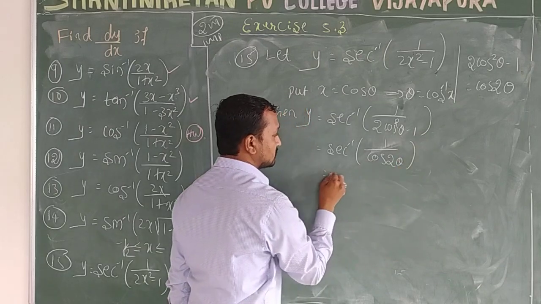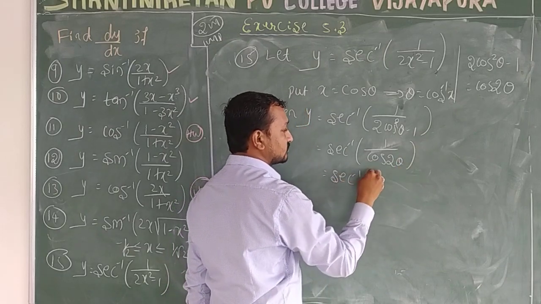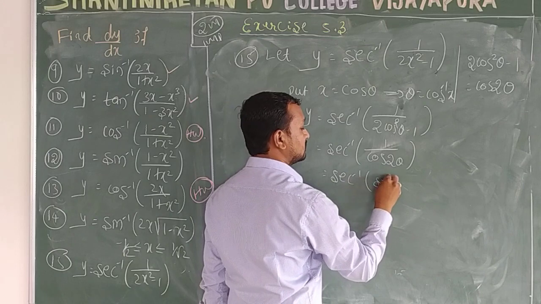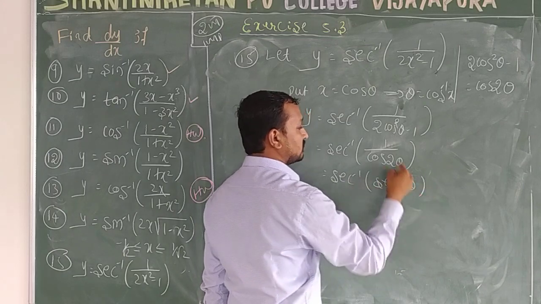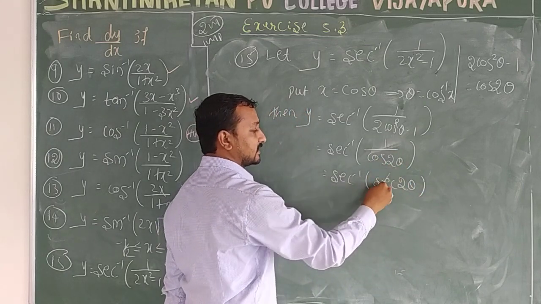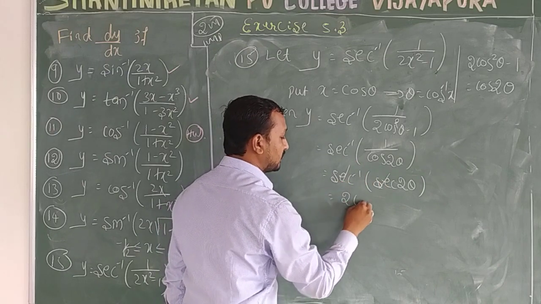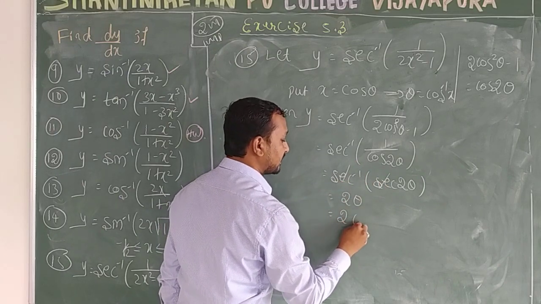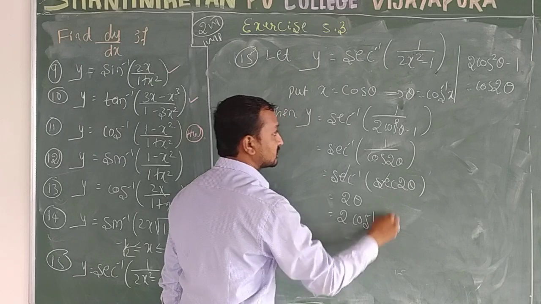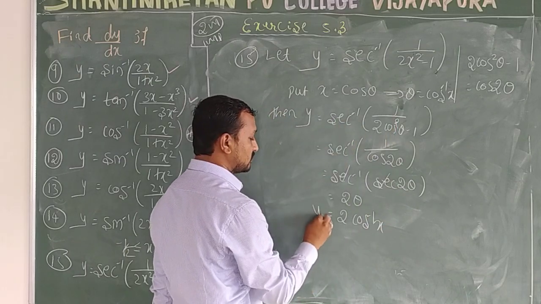So this becomes 1 by cos 2 theta, which is sec 2 theta. Sec inverse sec gets cancelled, leaving 2 into theta, and theta is cos inverse of x. This is your y.